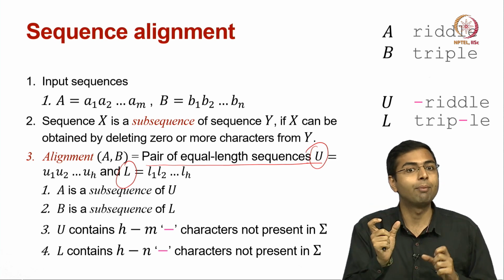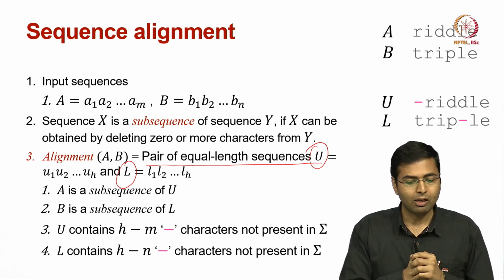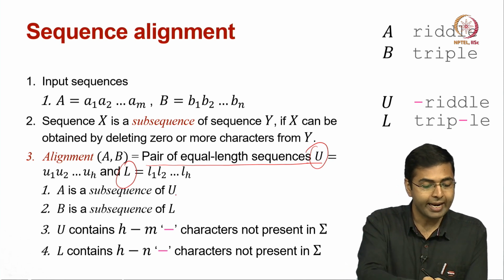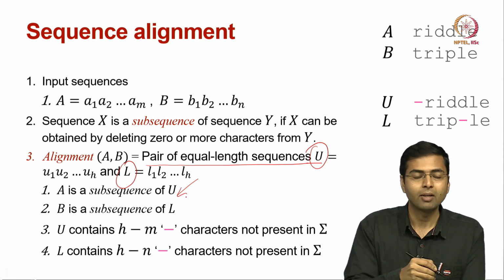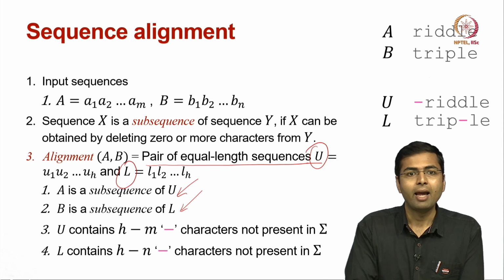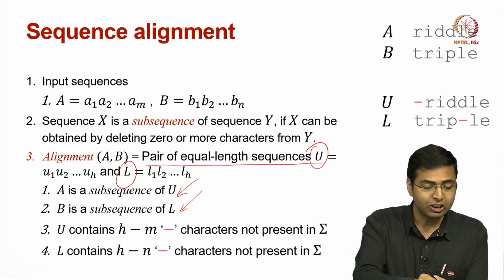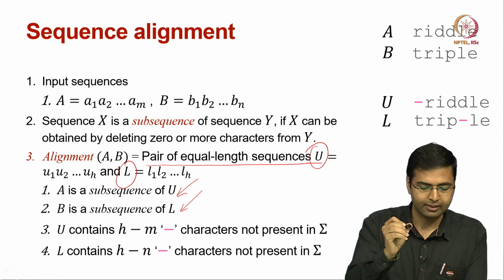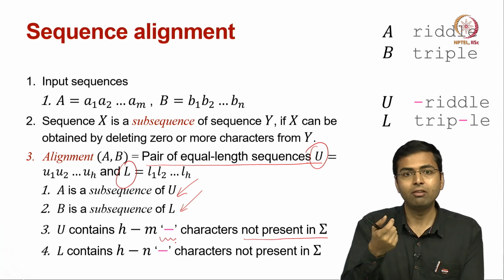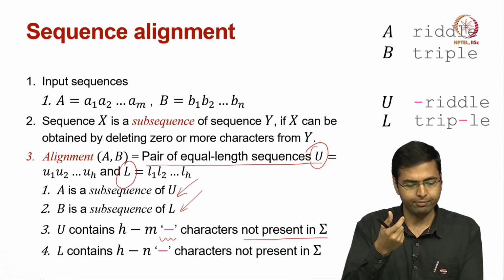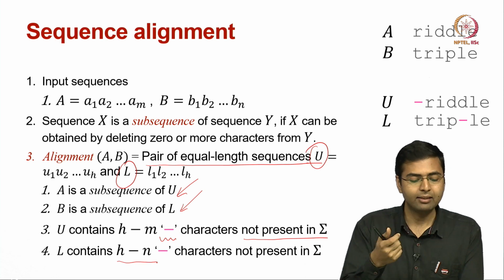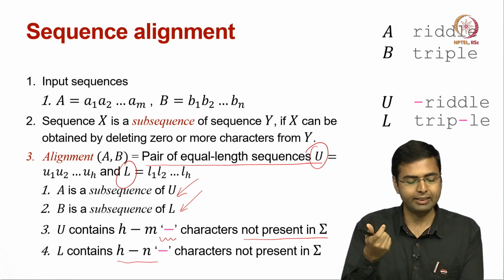The properties of U and L are such that A is a subsequence of U, B is a subsequence of L, and U contains H minus M dash characters that are not present in sigma. So, I am considering a dash symbol which is not present in my original alphabet sigma, and similarly L contains H minus N dash symbols not present in alphabet sigma.